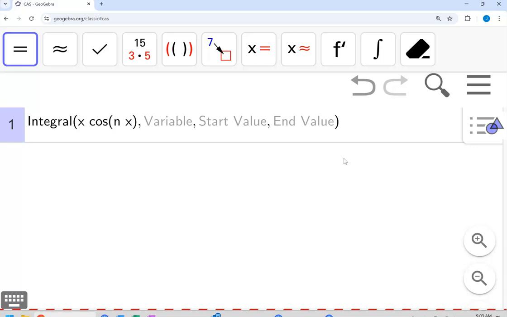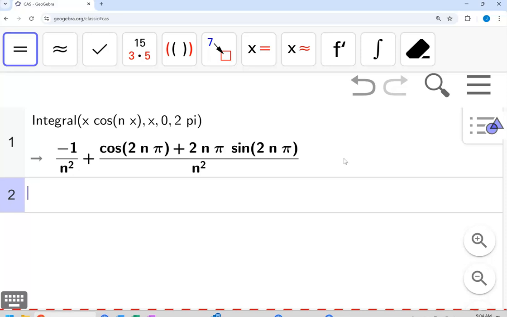All right. X times cosine nx. That's the integral I want to do. I'll worry about the constant at the end because that's easy to take care of. I want to integrate with respect to x, and I want to go from 0 to 2 pi. This looks nastier than it is.